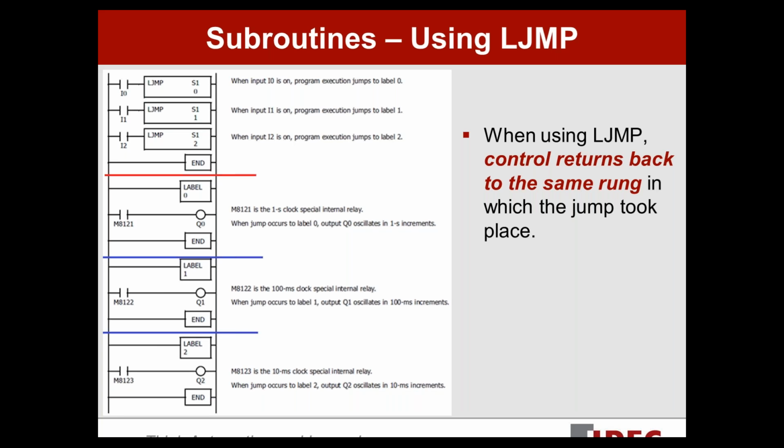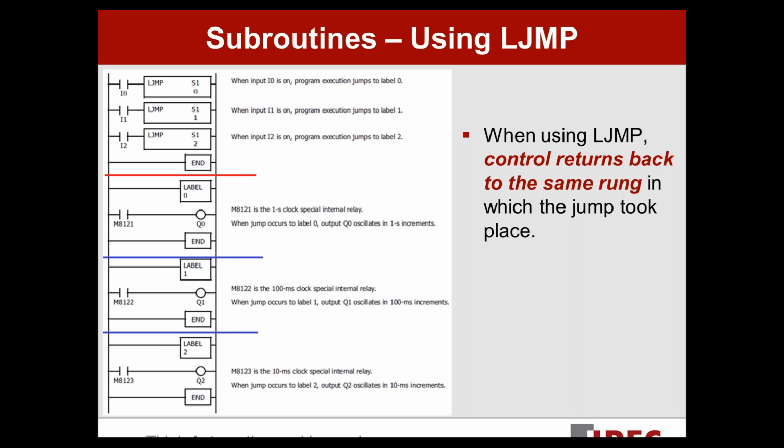So the way the L jump instruction works, just for example, let's take that very first rung of code. When input 0 turns on, an L jump is going to be performed, and we're looking for a source value of 0, basically looking for label 0. So if input 0 is on, the program will jump to where it says label 0. It will then begin executing the code from that point.